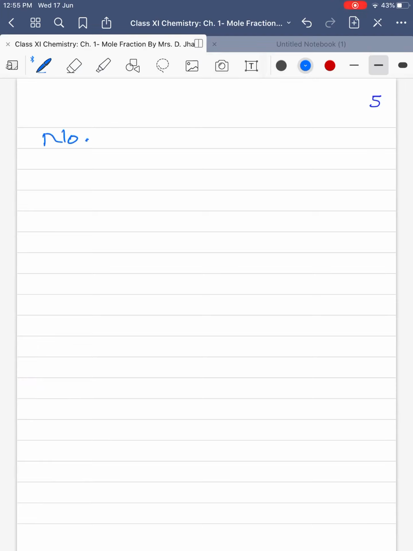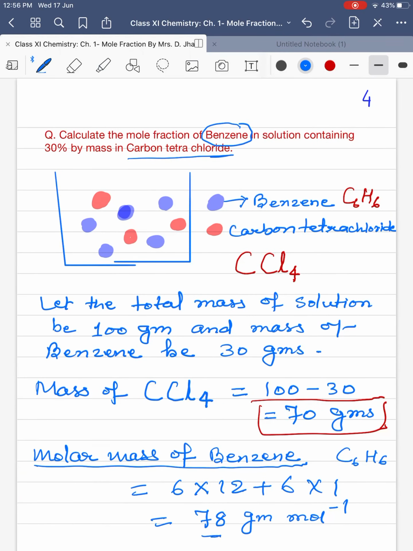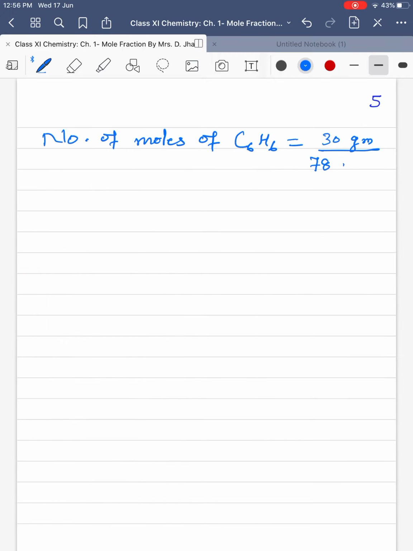Then the number of moles of benzene is equal to 30 gram divided by 78 gram per mole. It would be 0.3846 mole. This is the number of moles of benzene.